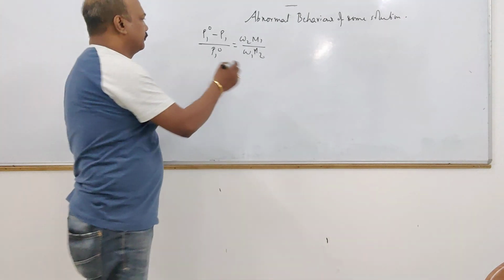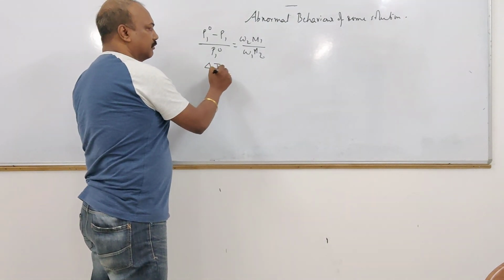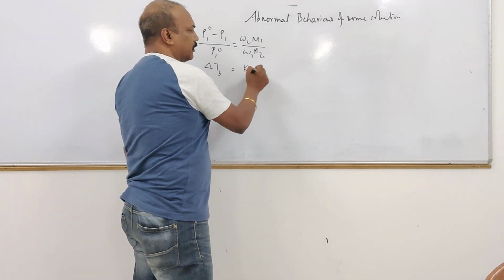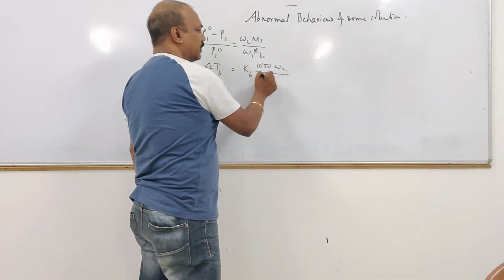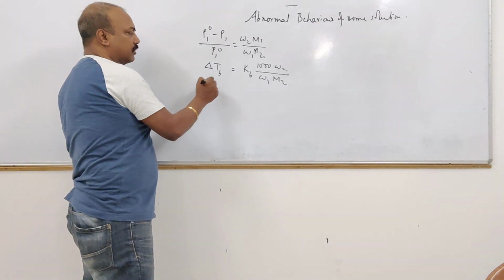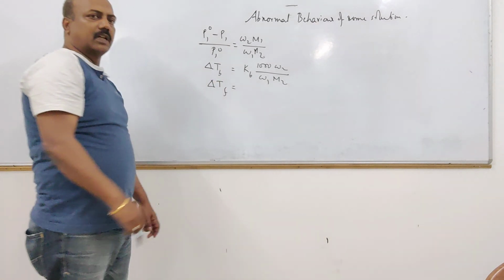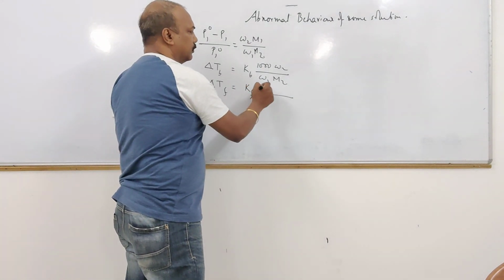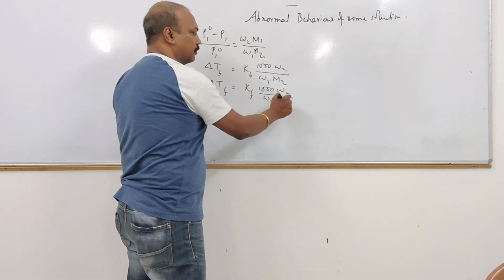For elevation of boiling point, we know delta Tb is equal to Kb into 1000 W2 divided by W1 into M2. For depression of freezing point, we had derived the equation delta Tf equal to Kf into 1000 W2 divided by W1 into M2.